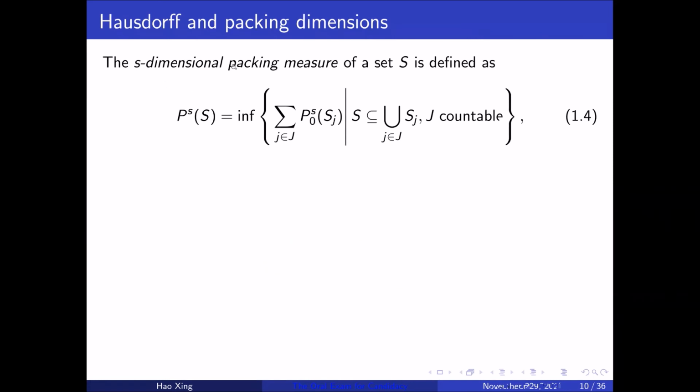And similarly, we have the notion of the s-dimensional packing dimension. We first define the s-dimensional packing measure. To introduce the packing dimension, we first need to introduce the notion of a packing measure, which is the infimum of all possible summations of those terms P naught s of S_j, called the s-dimensional packing premeasure, which I will introduce below, satisfying that S is contained in the countable union of those S_j's.